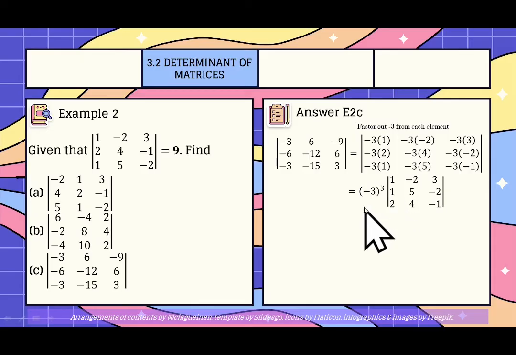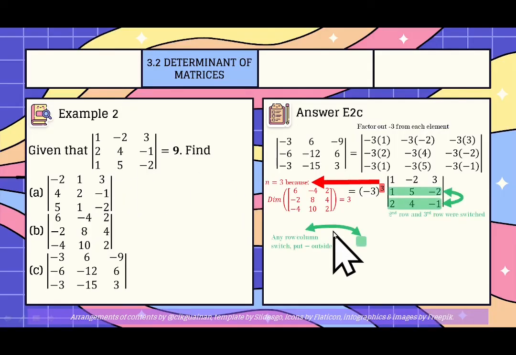For this one, you have to be careful. When you use your calculator, you have to put minus 3 inside a bracket, then take the power of 3. If you don't, then you get the wrong answer. Can we substitute the value of the determinant at the back here? Cannot, because the first column here is 1, 1, 2, but the first column provided in the question is 1 2 1.